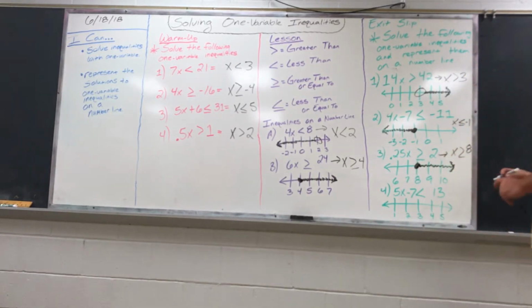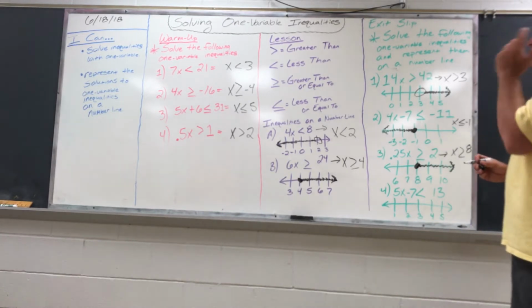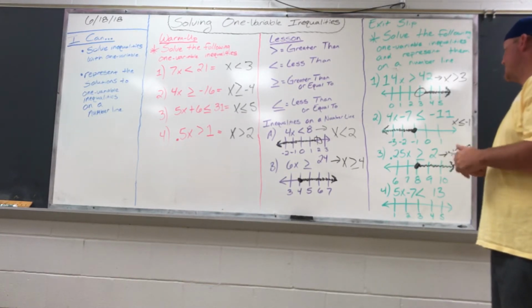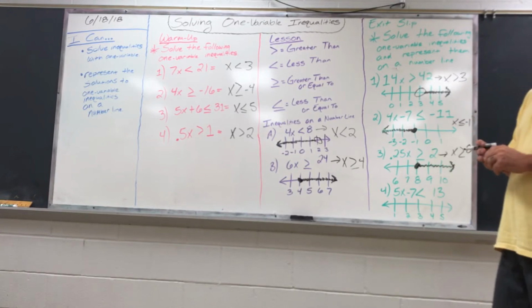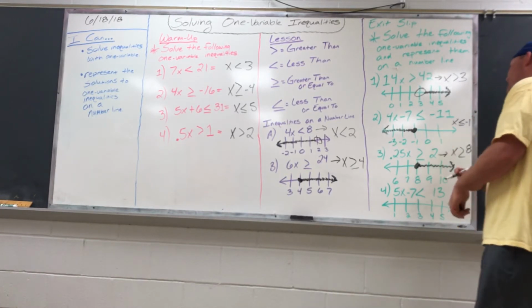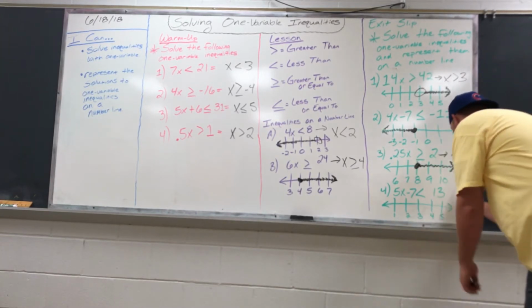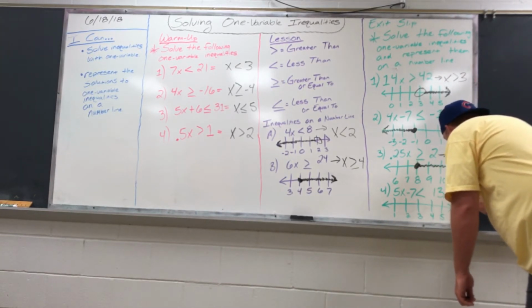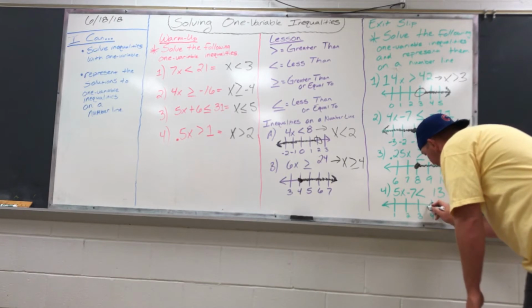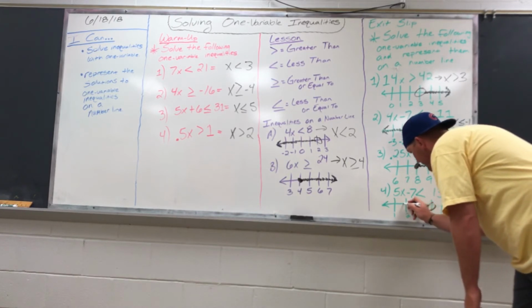And the fourth one, 5x minus 7 is less than 13. You would cancel out negative 7 by adding 7, so you wind up with 5x is less than 20. Divide by 5, x is less than 4, so open circle at 4. You shade to the left.